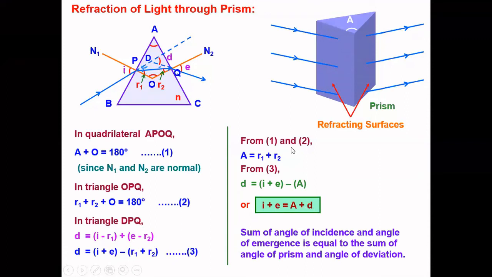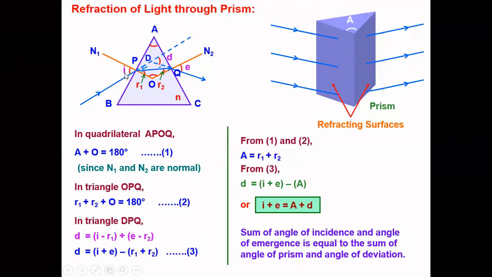Next, further what we see is, here we are incidenting some light ray. If we change this angle of incidence, automatically the angle of emergence also changes. If the angle of emergence and angle of incidence are changing, automatically D, the angle of deviation, also changes. So the angle of deviation changes with the angle of incidence.